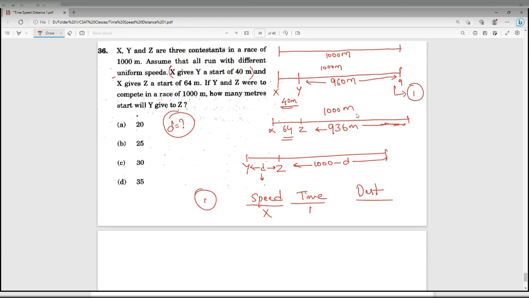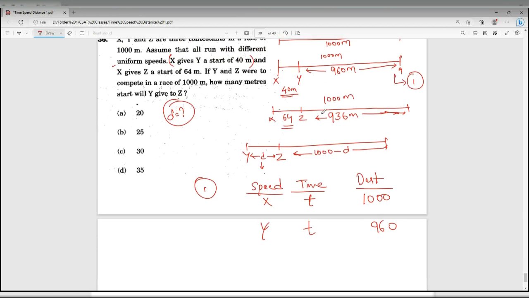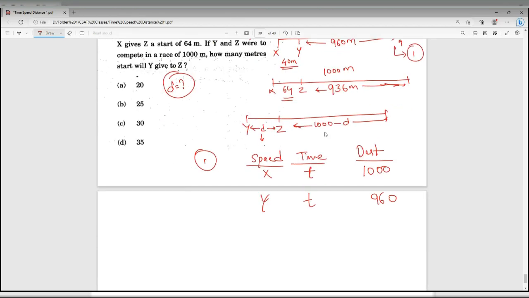The distance X is covering is 1000 meters, and let the speed of Y be Y. The time taken is the same, and the distance that he is covering is 960. So X into T is equal to 1000, and Y into T is equal to 960. And then if we divide this, X by Y is equal to 1000 by 960.